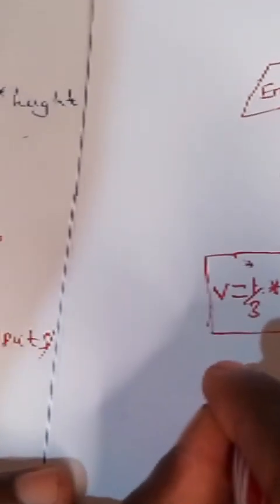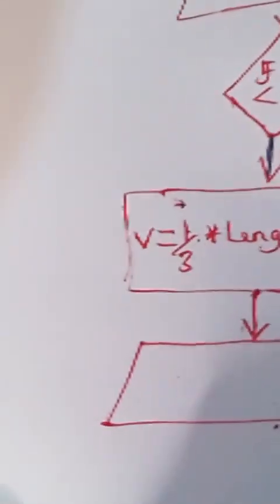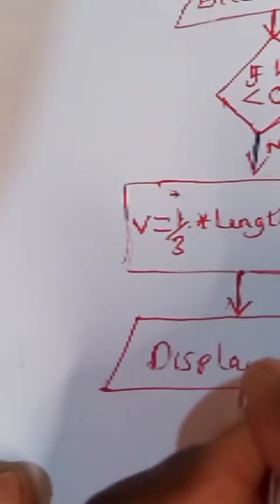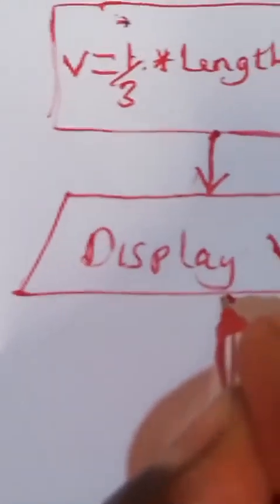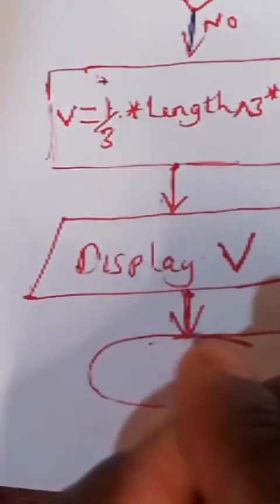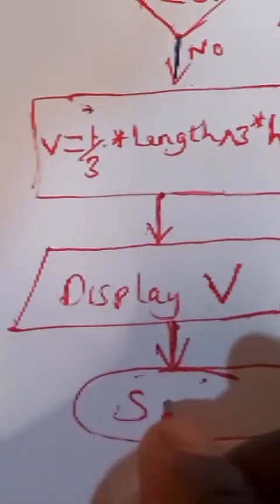After ending if, you display the volume. And while displaying, remember we are using our parallelogram shape. You display V, V is the volume, and then you use our oval shape to end the pseudocode, which is stop.